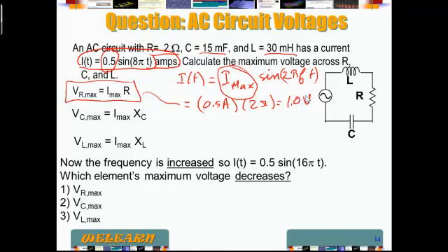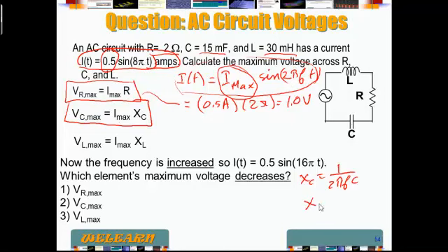Now, for VC max, we have a similar expression, but it is I max times the capacitive reactance. If you recall, the capacitive reactance is 1 over 2 pi fc. Now again, comparing this expression to the given expression, we see that 2 pi f is actually 8 pi in this case.